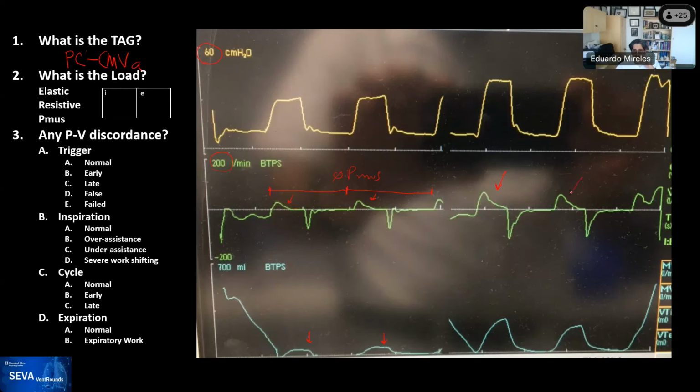I would say that the next one, probably you don't see, it looks identical to the other one. And again, it returns to baseline within probably a second. So this is probably elastic load. And then you can see during expiration, the same thing occurs, not really much PMUS there. And so this looks like an elastic load.